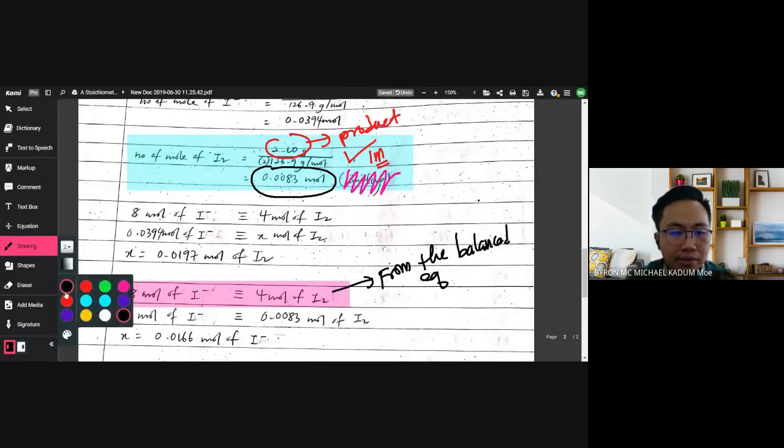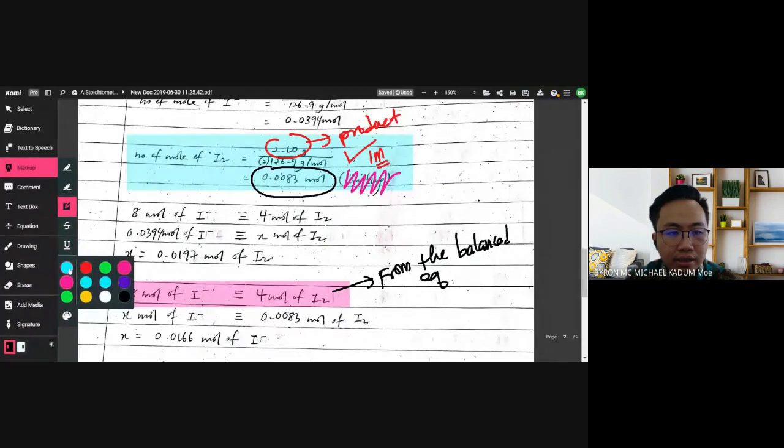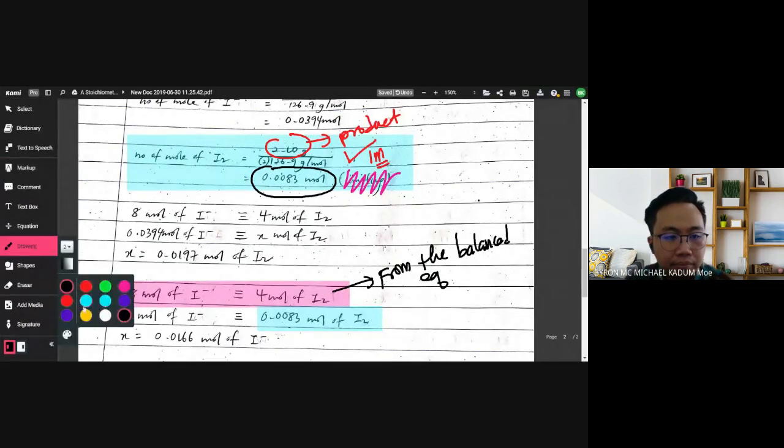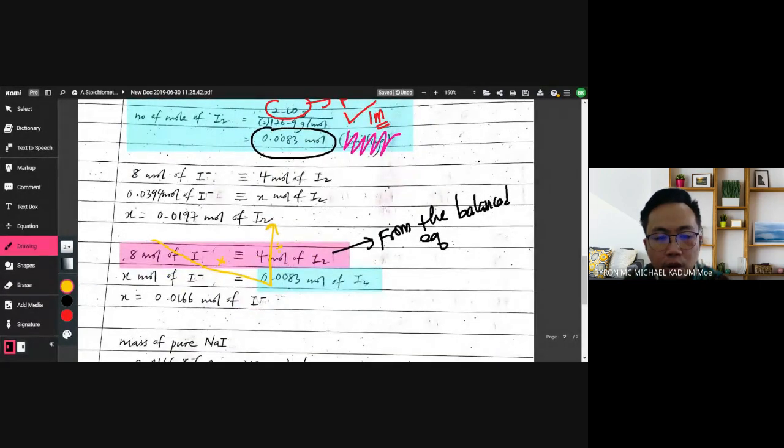Kita ada, in reality, we only have this dihasilkan of I2. Yes? So barulah kita buat darab silang lah. Kita akan darab, okay, darab, bahagi. So dapatlah mol of I2.